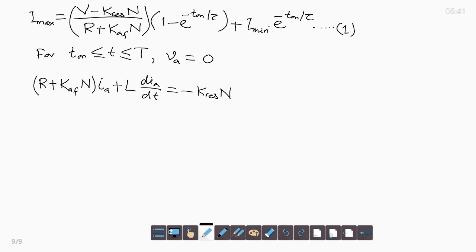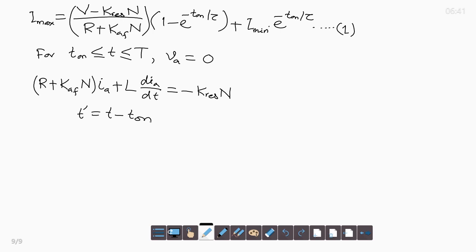In this equation t is the time, and we will replace t by t dash, that is t minus t on, so that our reference time t dash now starts from the beginning of the off interval.